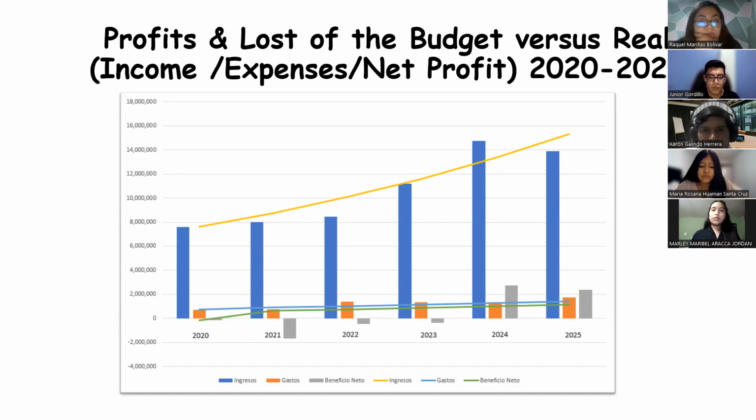Finally, the benefits obtained by the company were negative until the years 2024 and 2025, where a benefit of approximately 2 million was obtained for each year. Next.